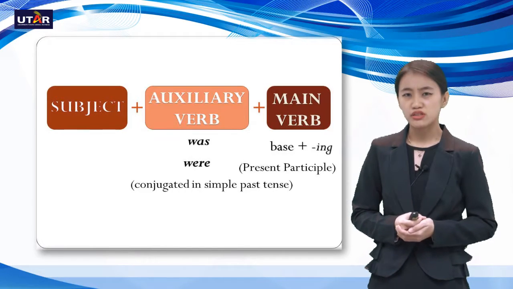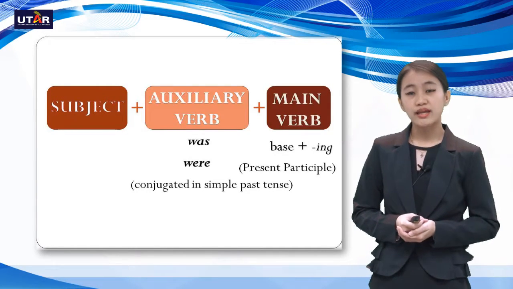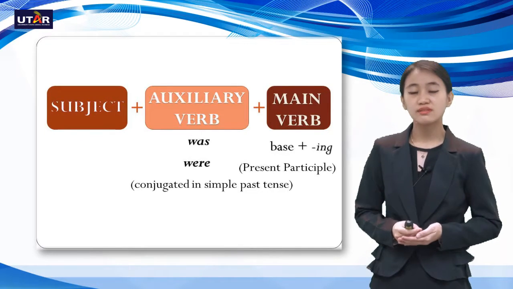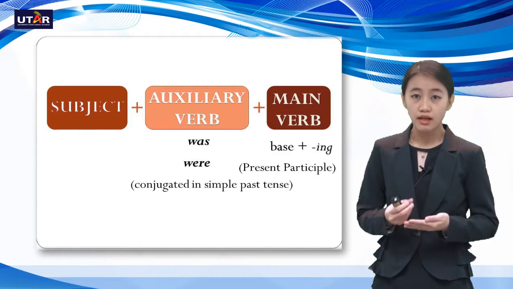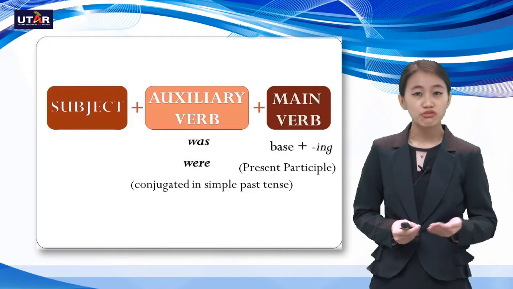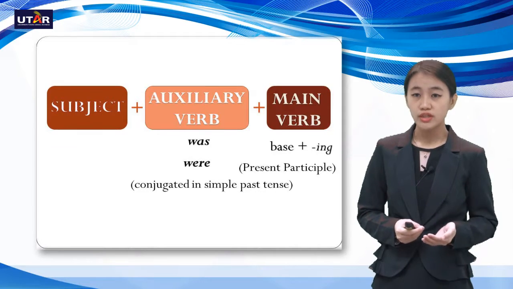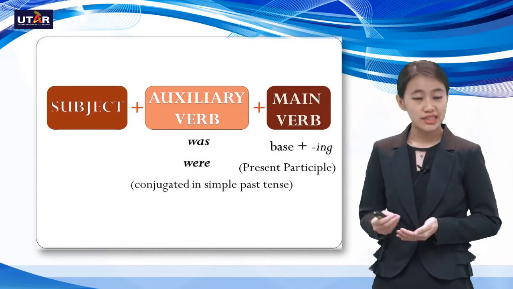Now, this part here is very crucial for you to remember. As you know, past continuous, they are seen to be as a couple. You have the past form of the be verb, which is was or were, then followed by continuous.